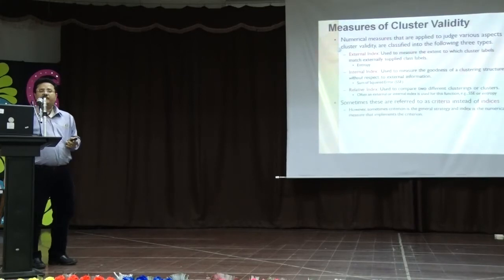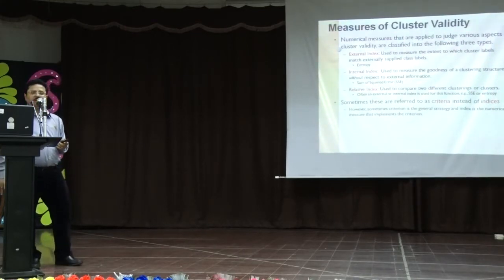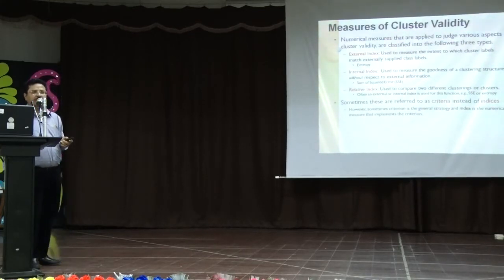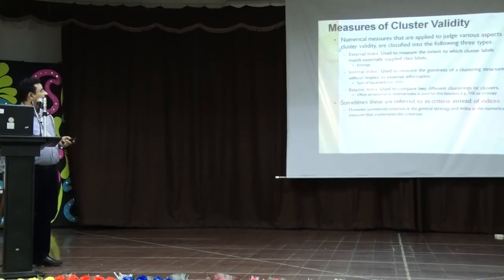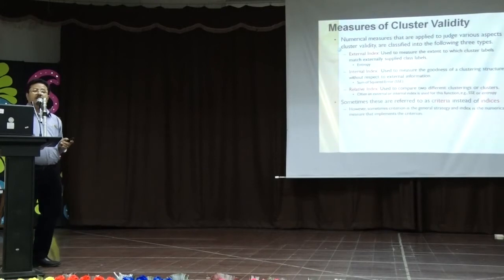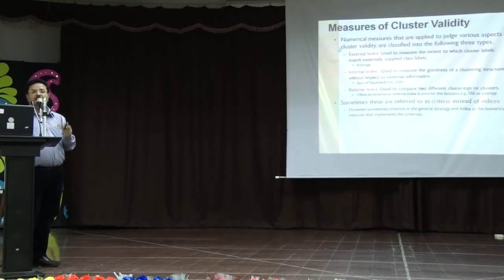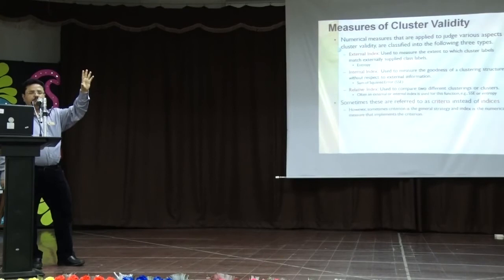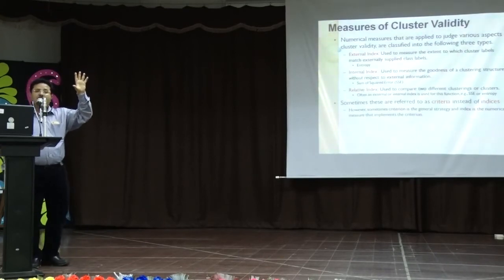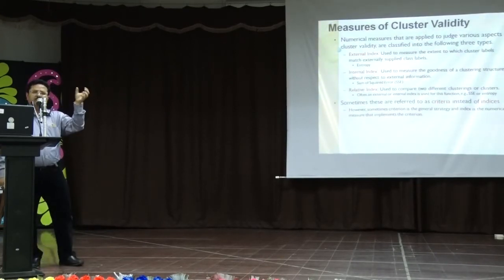How to measure the clustering? There are different indices: external index, internal index, and relative index. External index is used to measure the extent to which cluster labels match externally supplied class labels. That means it is a supervised case. You have n data points, out of which some subset is already labeled.